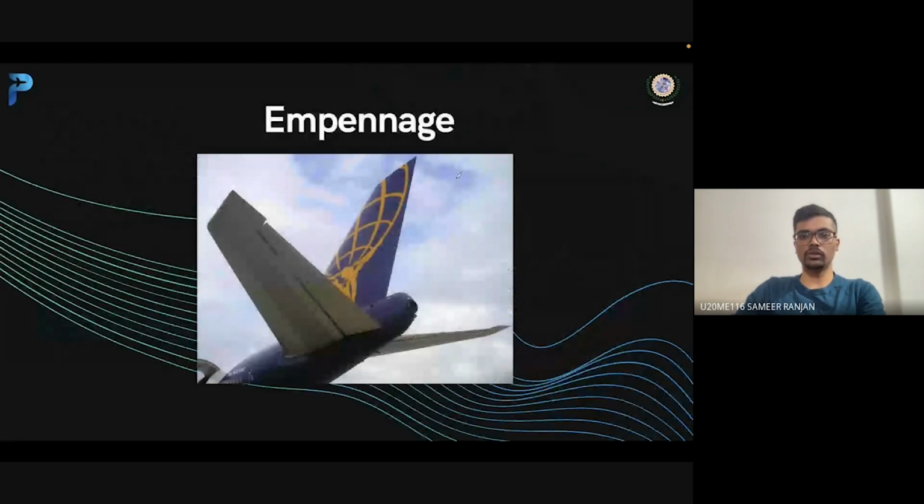Now the third part, which is the empennage. So why do we need an empennage in any aircraft? Let's suppose this is an aircraft, this is the wing which is generating lift, and there might be a possibility that the force generated in this upward direction can create a torque at any point in this manner, and hence our aircraft would get unstable.